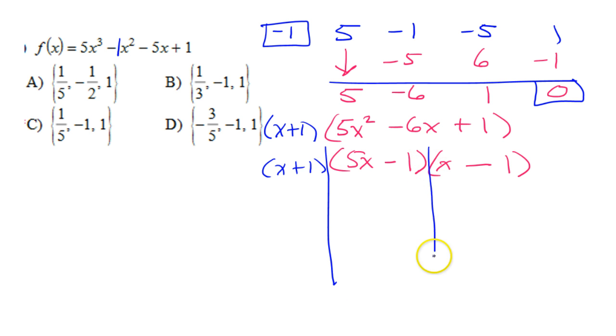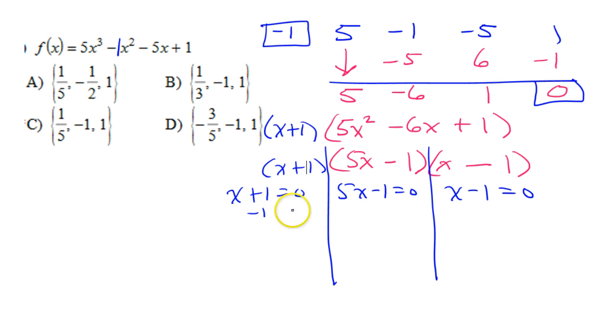So I can set these equal to 0 and solve, and that will give me my zeros, and that's what I'm looking for. So x plus 1 equals 0, 5x minus 1 equals 0, x minus 1 equals 0. Subtracting 1, I get x equals negative 1.